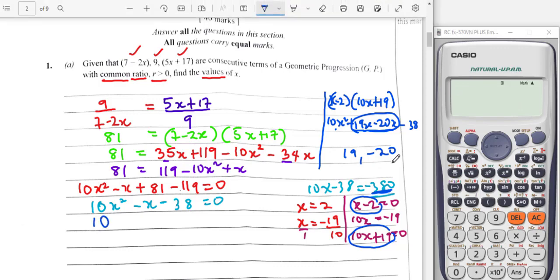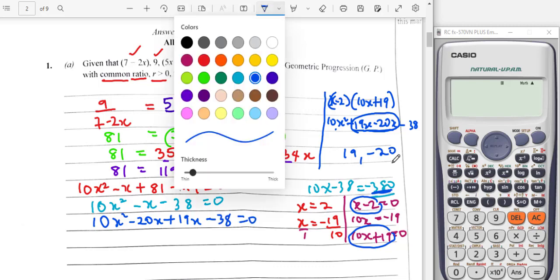So that's what I'm going to write here. I'm going to write 10x squared here. So in place of here, I have 19x minus 20x, but I'm going to write the minus 20x first because addition is commutative. Then I'll bring the plus 19x out here. Then I have minus 38. Okay, that is pretty simple. So let's continue from here.